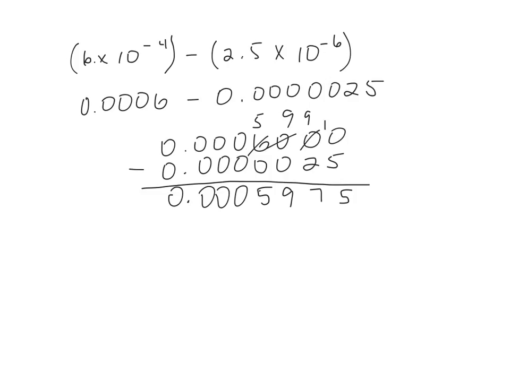Okay, my next step, put this back into scientific notation. Okay, so my decimal has to go there after the first non-zero digit. So I have 5.975 times 10 to the 1, 2, 3, 4, negative 4. Okay?